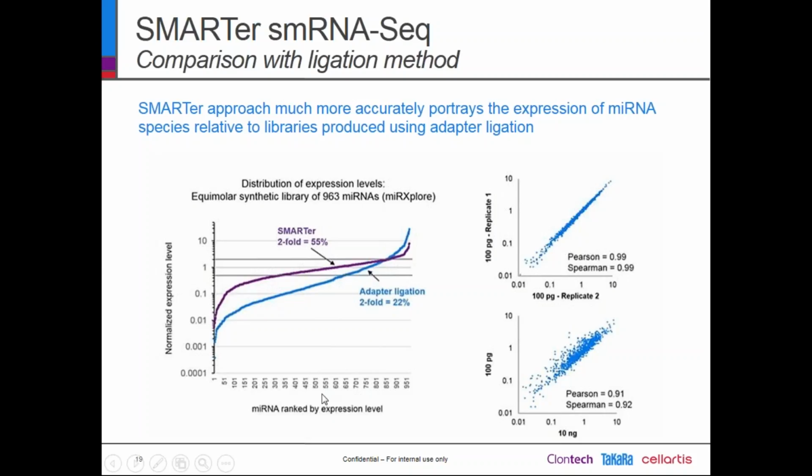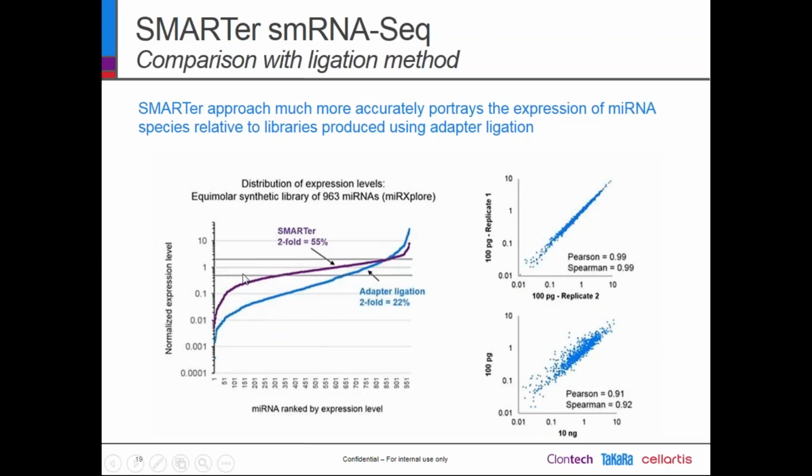So here we took a synthetic library of more than 900 microRNAs, which are all at the same initial concentration. Here on the X axis you have all the different microRNAs, and they are all at a known concentration, which is exactly the same. So if all microRNAs were ligated with the same efficiency, the expression level observed compared to the expression level that we know we put in should be equal to 1.